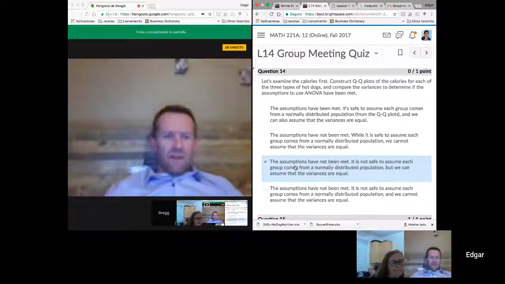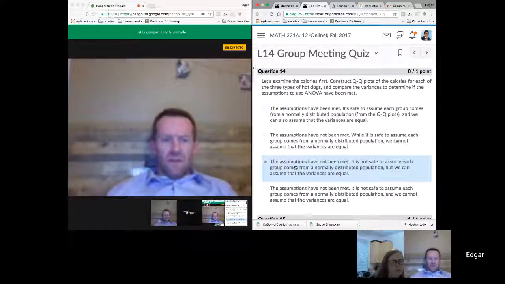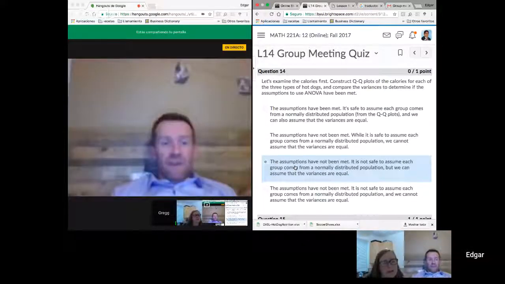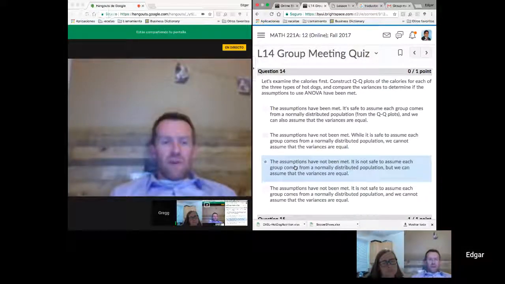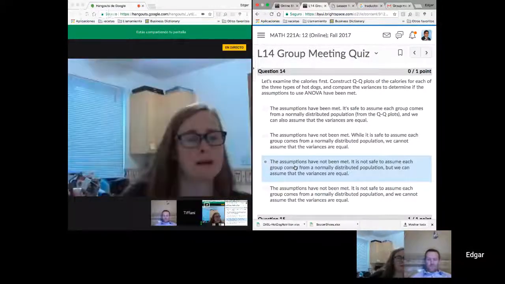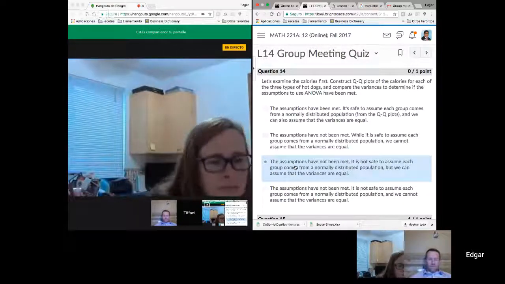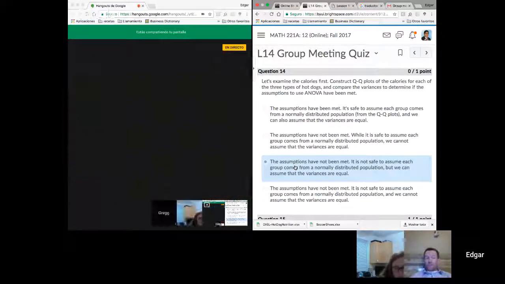So it's either the assumptions have been met, it's safe to assume both, or the assumptions have not been met, safe to assume one group is normally distributed, but we cannot assume the variances are equal. I think it's that it was met. I think our QQ plots are screwed up. I think so too. I think we're going to have to figure that out. Yeah, probably. I will ask.